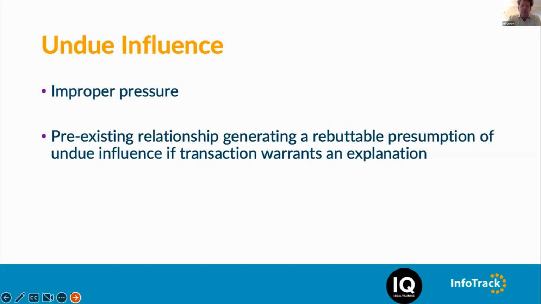It's also settled law that you and I, as conveyancers, owe a duty not only to the person suffering undue influence, but also to our lender clients to make sure that undue influence is not present in connection with the transaction, or if it is, it's reported to our client, and also reported to the lender. So, two or three things here that I want to share with you.